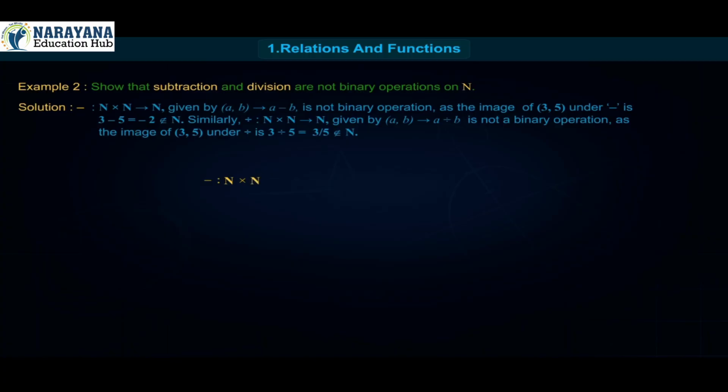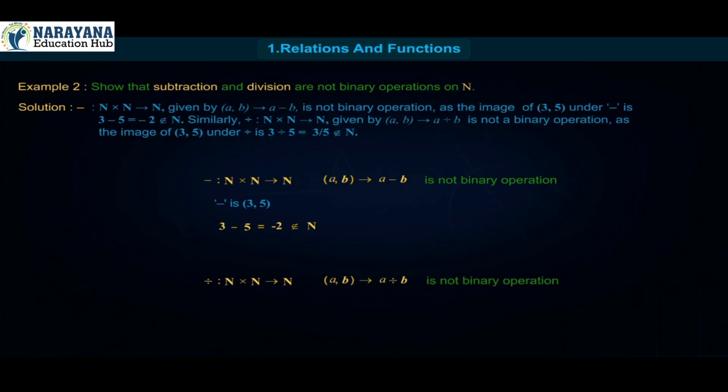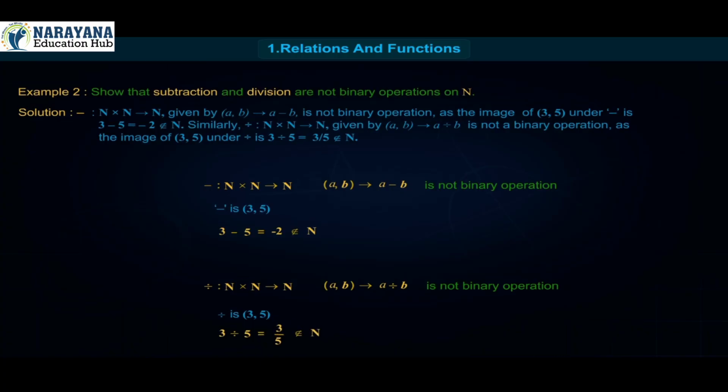Subtraction from N × N to N given by (a, b) to a − b is not a binary operation, as the image of (3, 5) under subtraction is 3 − 5 = −2, which does not belong to N. Similarly, division from N × N to N given by (a, b) to a/b is not a binary operation, as the image of (3, 5) under division is 3/5, which does not belong to N.